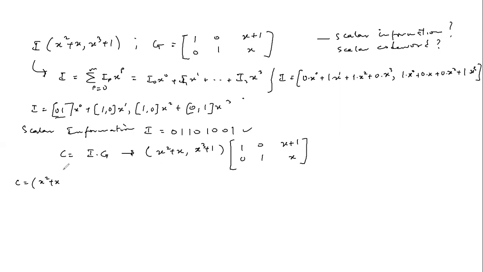Then this is 0, comma, then here again, this times this, 0, then this times this, so we have x cubed plus 1, comma, then we now have x squared plus x into brackets x plus 1, plus x cubed plus 1 times x. So this is going to give us x squared plus x, comma, x cubed plus 1.